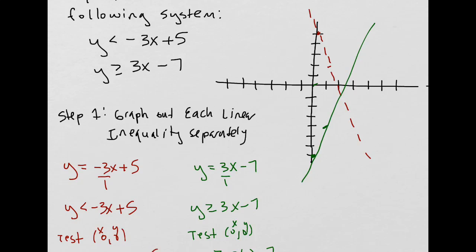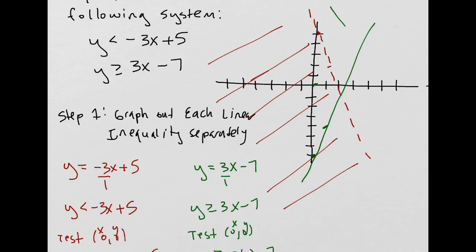So this point right here. The red would include basically this whole section. And the green would include the side again that contains the point 0, 0. So it would be this whole section.